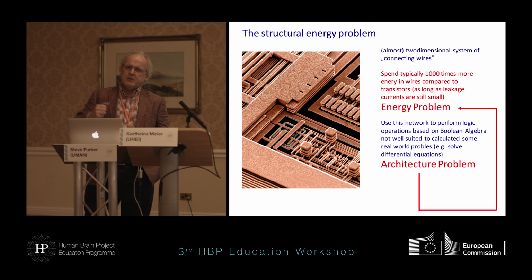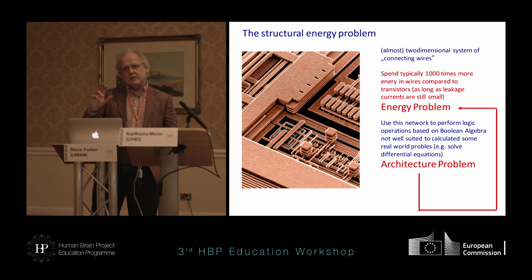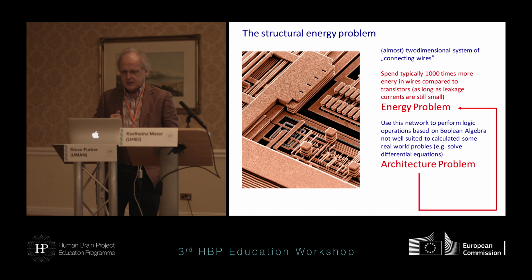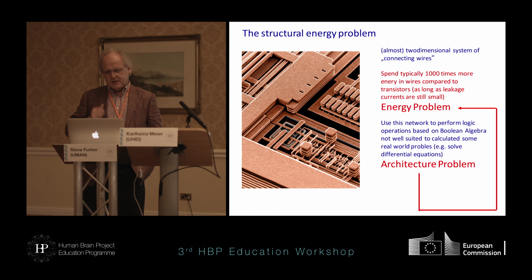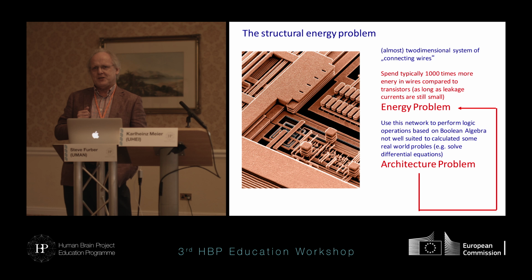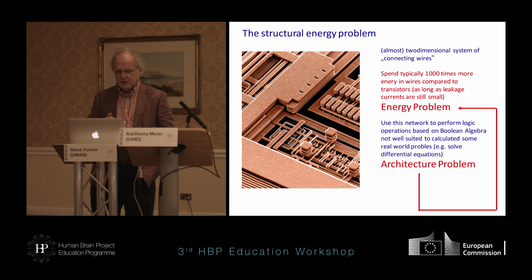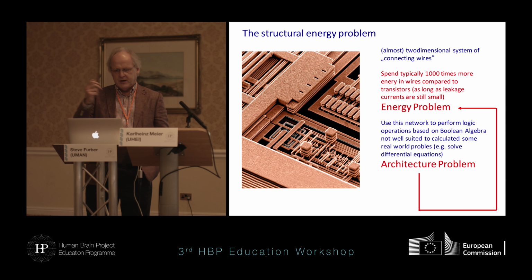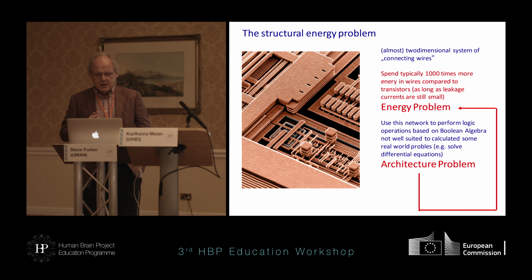We're also using a machine that has not been designed specifically to model neural or synaptic processes. It's been built to do Boolean algebra. Okay, that's the basis of modern computers. Everything is represented in binary, and the operations are all Boolean algebra.